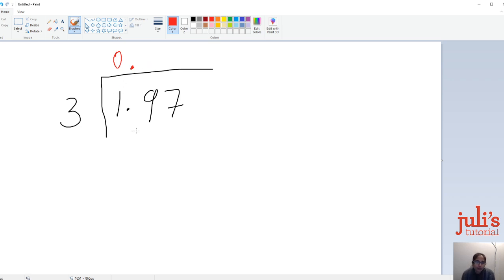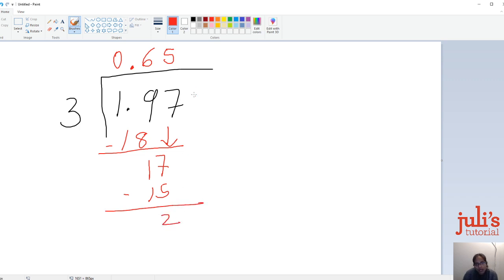And then I'm going to go to 19, 6, 18 here. Subtract 1, bring down the 7, 17. 3 times 5 is 15. Subtract, we have 2, add a 0, bring it down. 6, so it's going to be like 0.65 cents for each, or 0.66 cents.